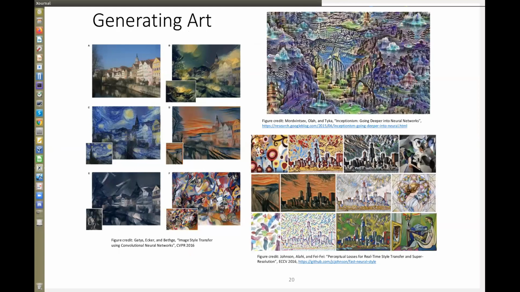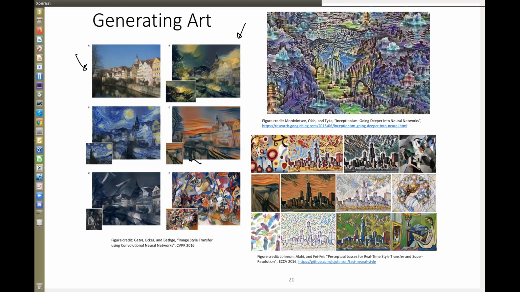Surprisingly, you can also use deep learning to do something very interesting here, which is generating art. What's going on is I have an image here, and I can put in different styles from other paintings. I can extract the style from different paintings that have different styles.